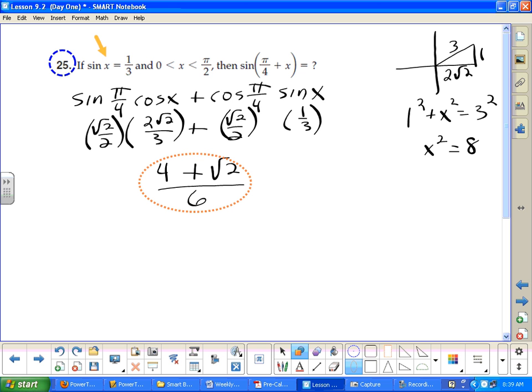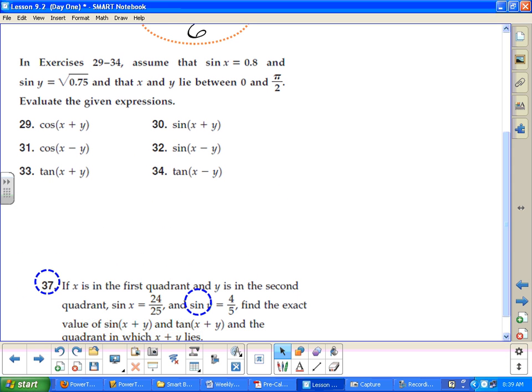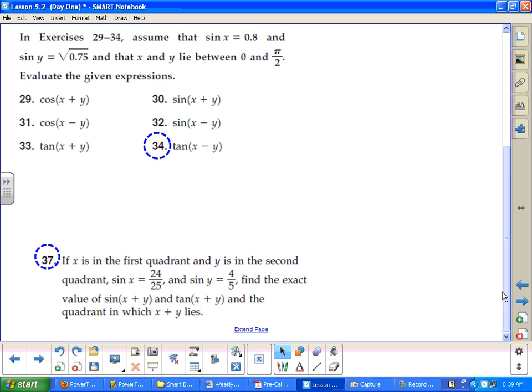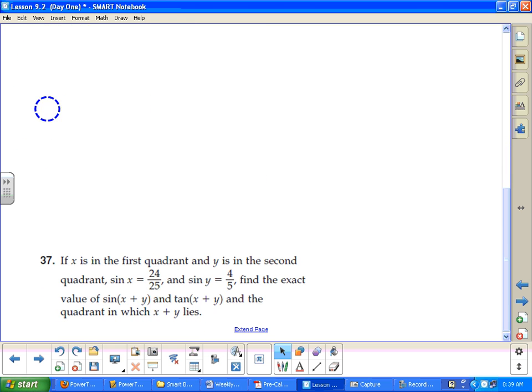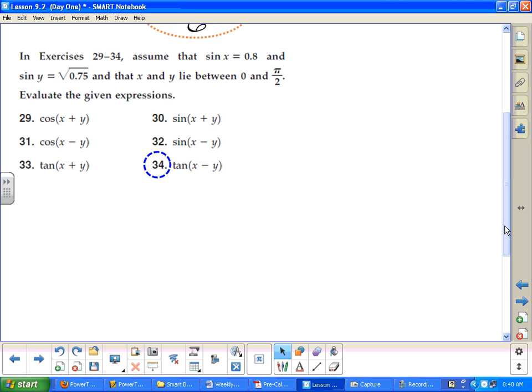But the reason I wanted to do these couple extra is just to go back through using the triangles to find them out. All right, so let's look at number 34 here. Number 34 says, assume that sine of x equals 0.8.